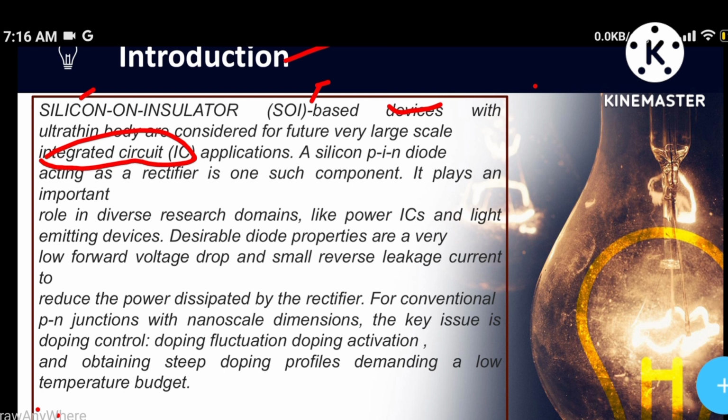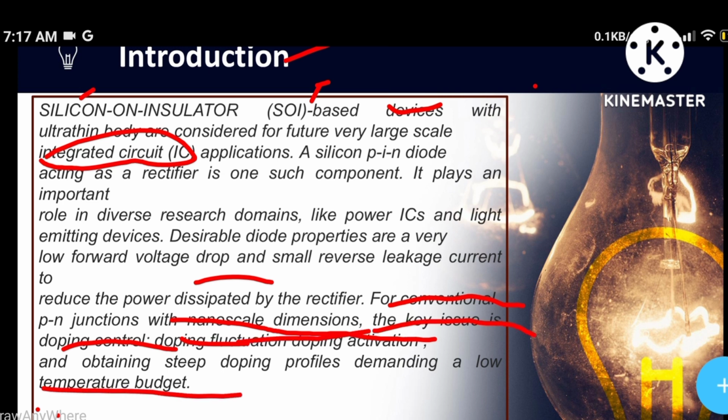Desirable diode properties are a very low forward voltage drop and small reverse leakage current to reduce the power dissipated by the rectifier. For conventional PN junctions with nanoscale dimensions, the key issue is doping control: how to control the doping, doping activation, and obtaining step doping profiles, which demands a low temperature budget.